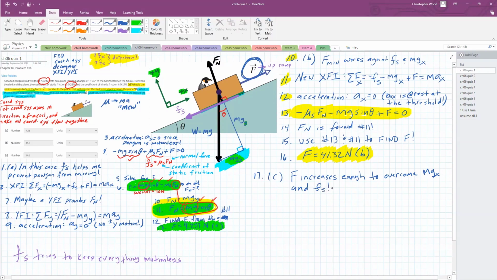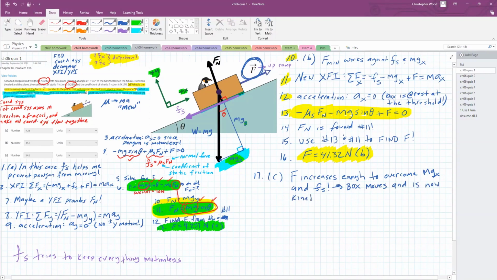So I have defeated static friction with this force. Once I defeat static friction, the box moves, and is now subject to kinetic friction.